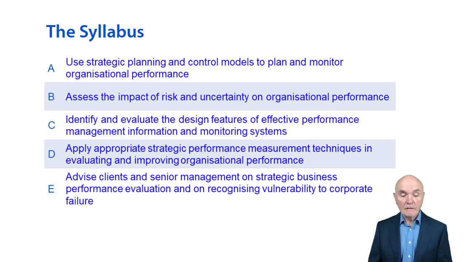The second part deals with the impact of risk and uncertainty on organizational performance. There are, of course, well-known techniques to deal with risk and uncertainty, like expected values, like minimax, maximin, regret, and maximax, and all those elements.